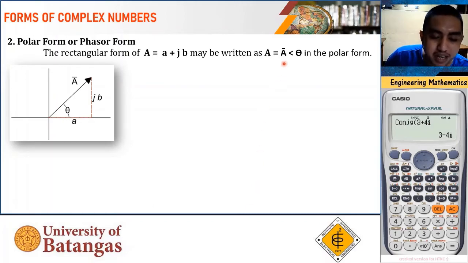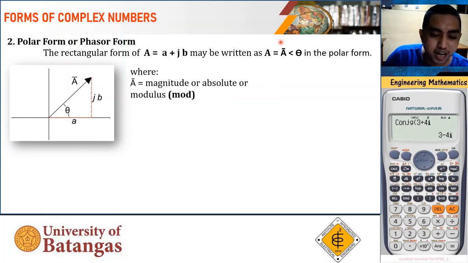Okay, so paano ba natin makukuha yung ating A bar? Okay, so yung A bar nga pala, yung A bar natin is yung magnitude or absolute or modulus ng ating complex number. Kapag hinanap yung ating magnitude ng complex number or absolute ng ating complex number, A bar yung ating ibibigay. Okay, so paano hahanapin ang A bar? So kung mapapansin nyo, nakabuo tayo dito ng right triangle.